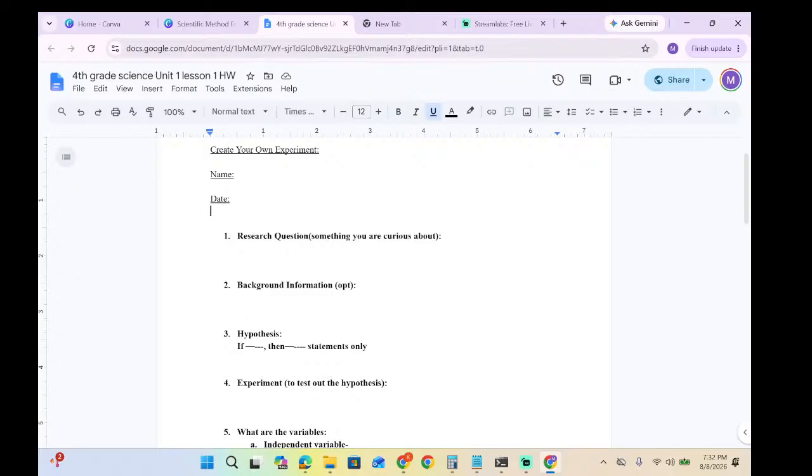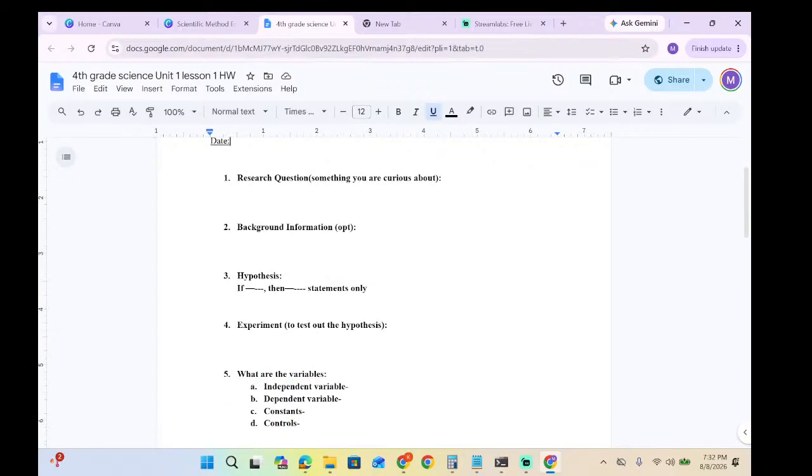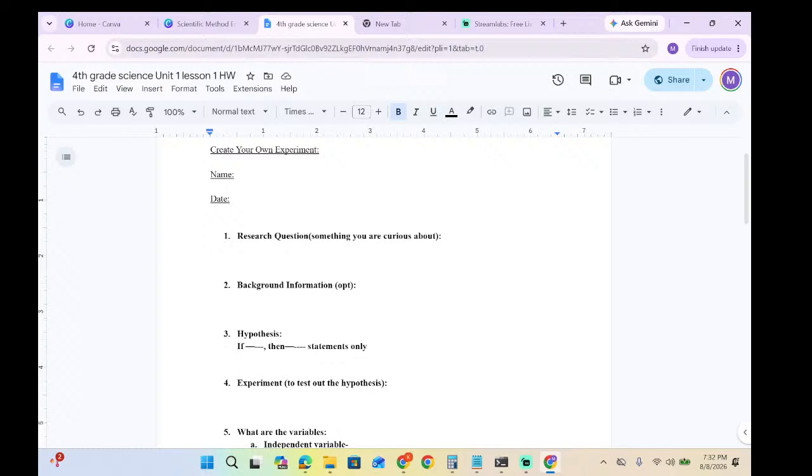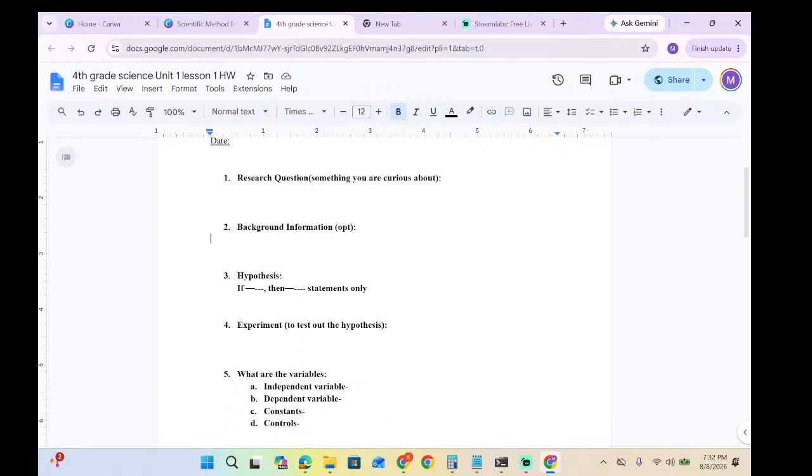So you write your name, the date, your research question, something you are curious about, and background information, which is optional for you guys. I'm not going to make it a requirement, but it's obviously good to have some amount of background information. So maybe you can use Google, which is a search engine, and look at some articles, or go to the library and read books on it.